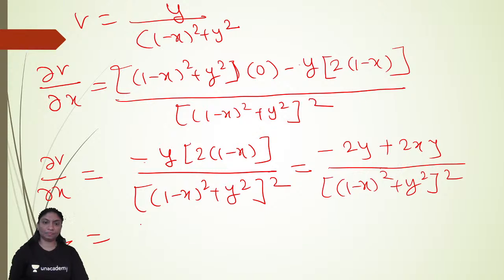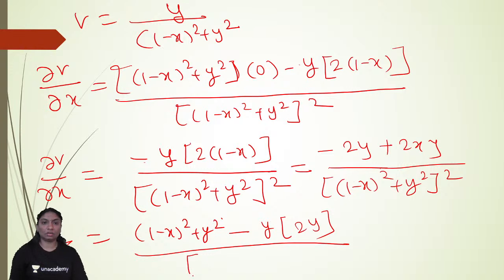So v du: (1 − x)² + y² into derivative of y with respect to y, minus v du into y into the derivative of this, that is 2y. This becomes (1 − x)² + y², right?